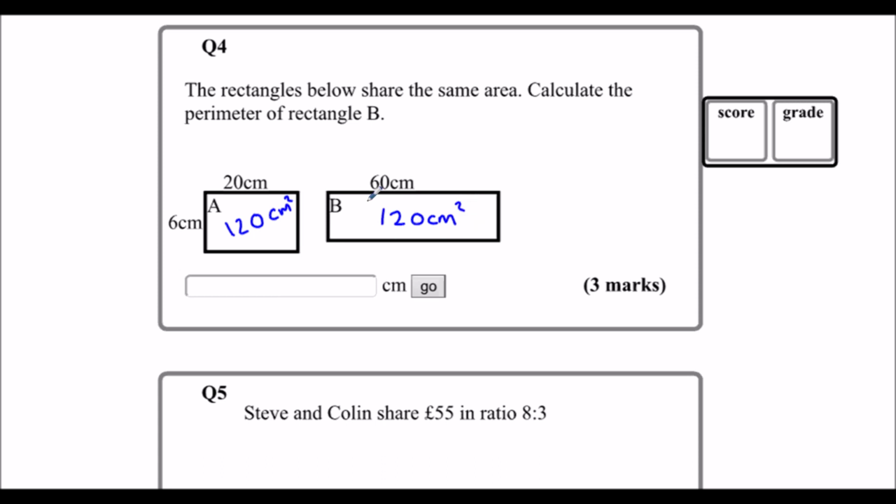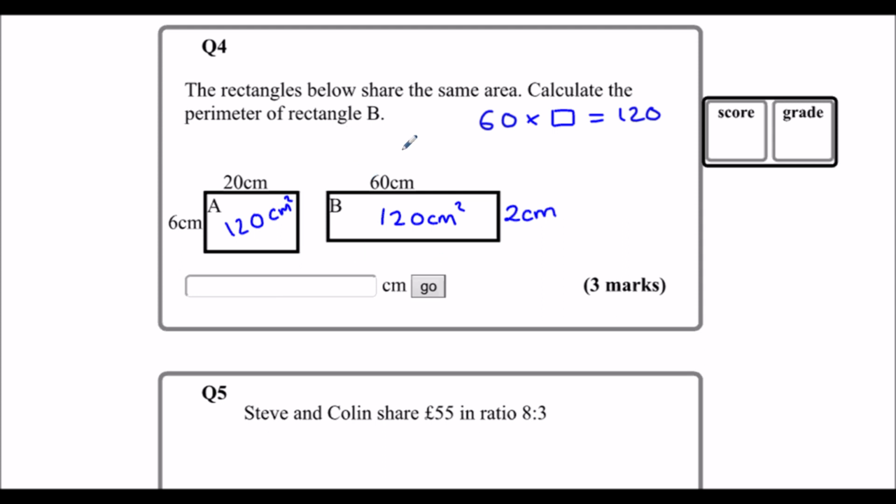So if the length of B is 60 and length times width makes area, 60 times what number makes 120? That's 2. 60 times 2 is 120. So the width must be 2 because 120 divided by 60 makes 2.